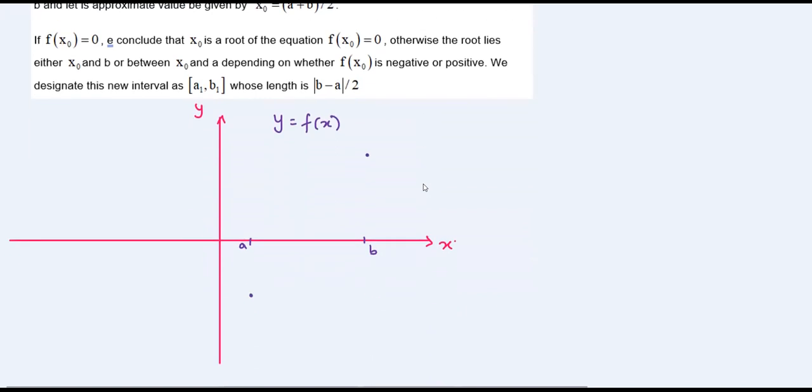So one thing from the intermediate value theorem is clear: between A and B, there will be at least one root, if not more. Let us say this is the curve y equal to f of x. Wherever the curve cuts the x-axis, that is the root. So this point is the root.